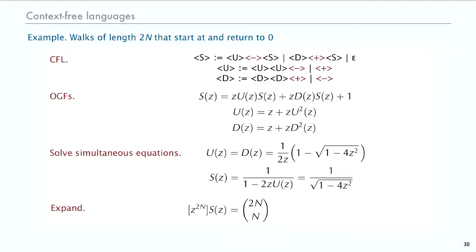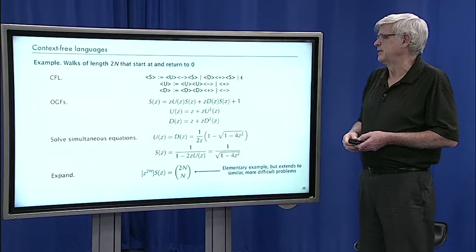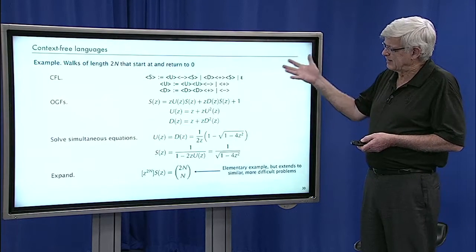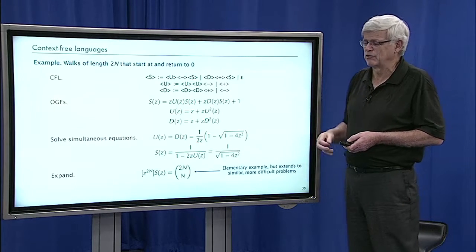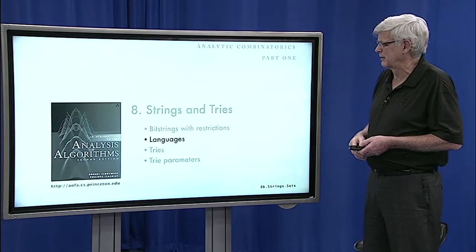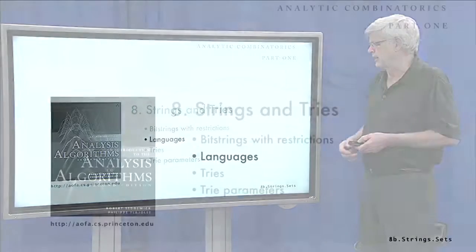There's lots of easier ways to prove this result, but the approach generalizes to cover many similar, more difficult problems you can read about in the text. So that's context-free languages, counting in context-free languages using the symbolic method. Next, we'll look at tries.